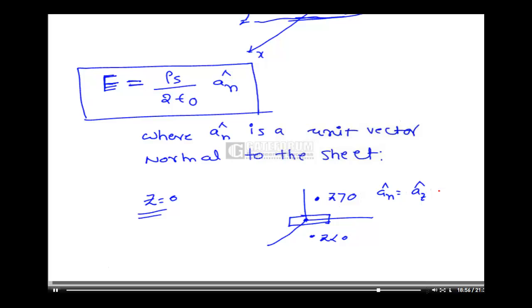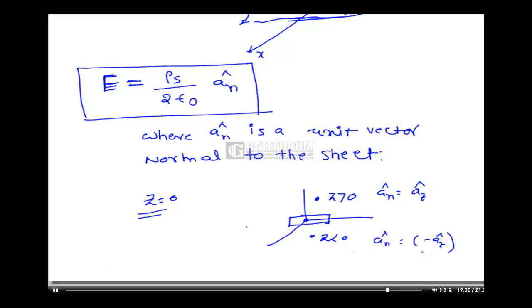If you are calculating below the sheet, for z less than 0, the normal vector is minus az. That's why the general definition is a n bar is a unit vector normal to the sheet. Depending upon the point where you are calculating the electric field intensity, you have to consider a n according to the point.